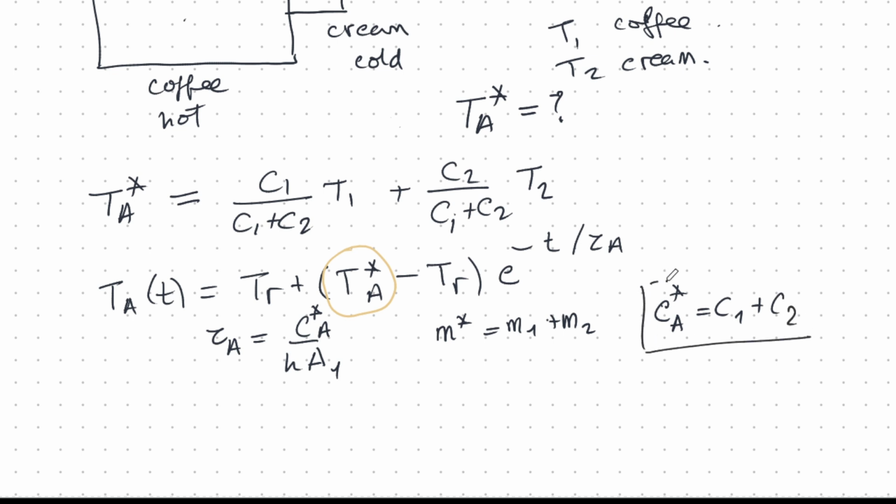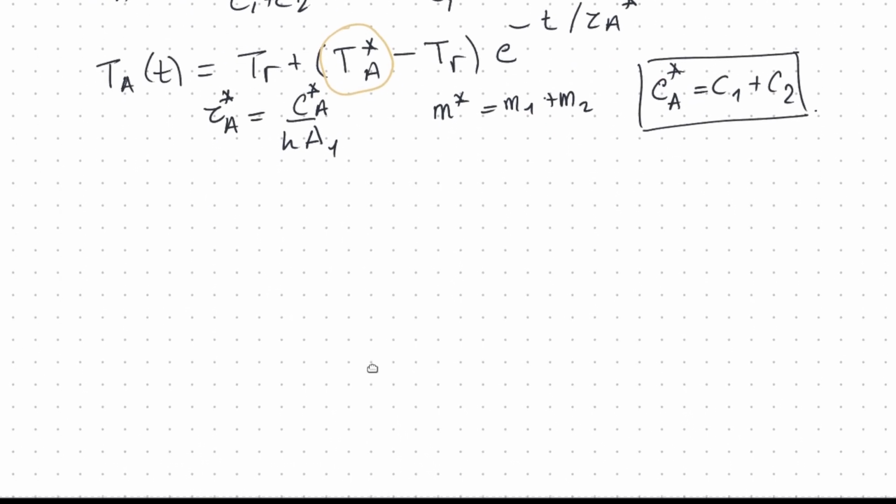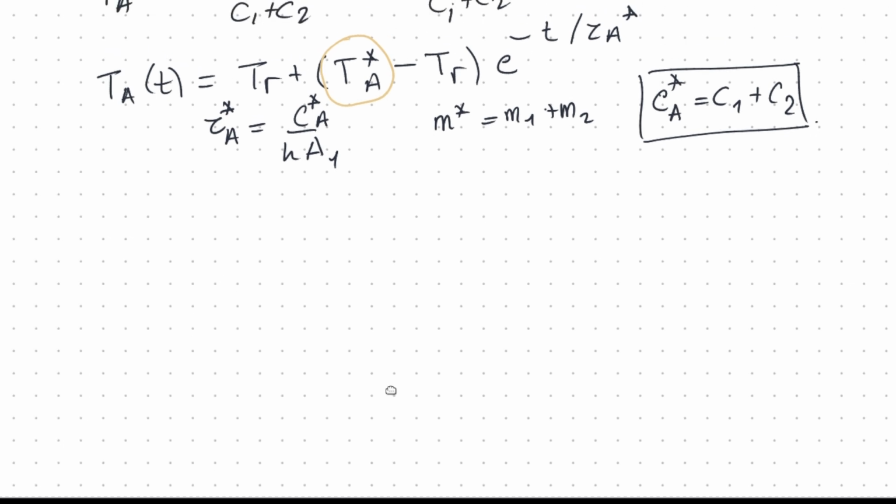We have to add them together, and we have to then compute a new value. This is a mixed value of tau. And from this, now it's easy to plot. It's easy to deal with this equation, easy to solve the ODE, but all the details are not that easy to get right.